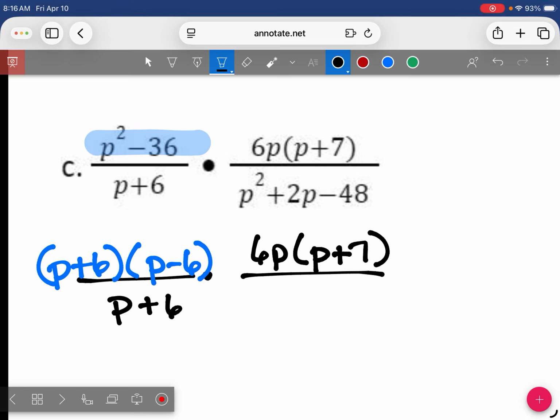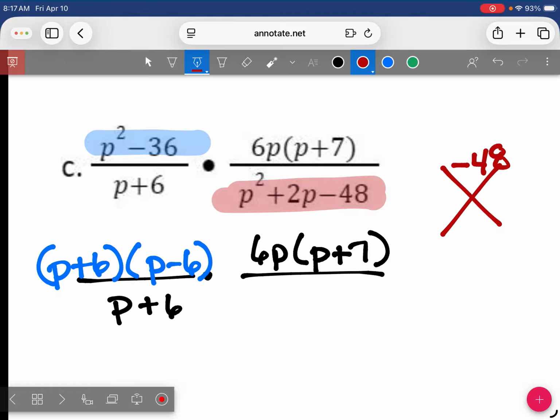And lastly, we have a p squared, but we don't have to make boxes. You need two numbers. They multiply to be negative 48 and add to a positive 2. So take a couple minutes, see if you can find your two numbers.